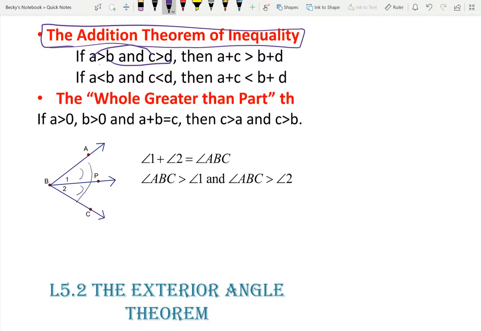So if we know that, then what it's saying is the entire angle, ABC, has to be more than just one of the little angles, like angle 1. And ABC has to be more than just this little angle 2. Common sense. Okay, we'll just leave it there.